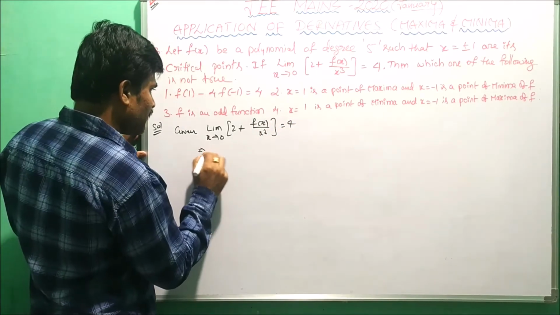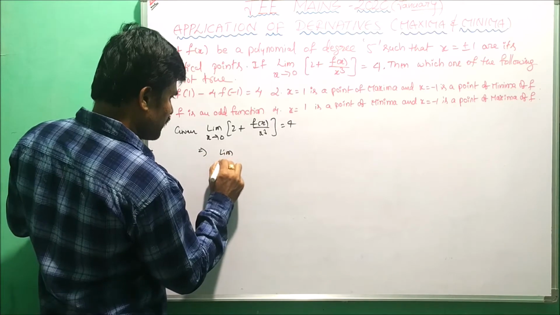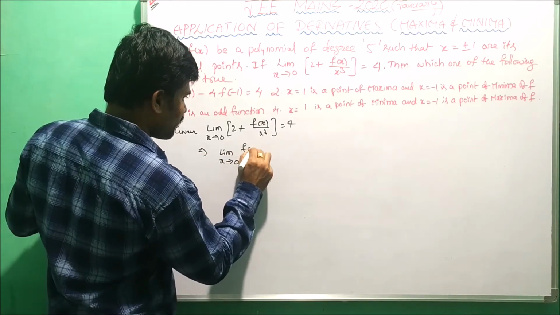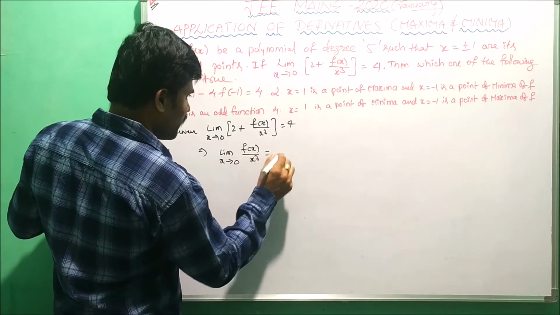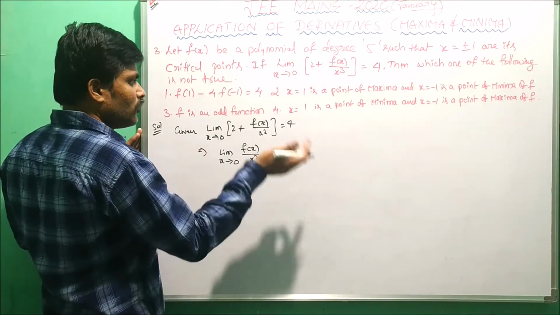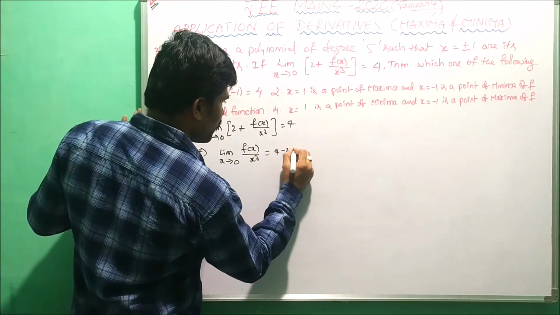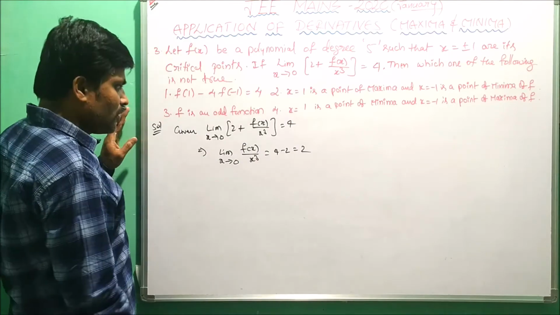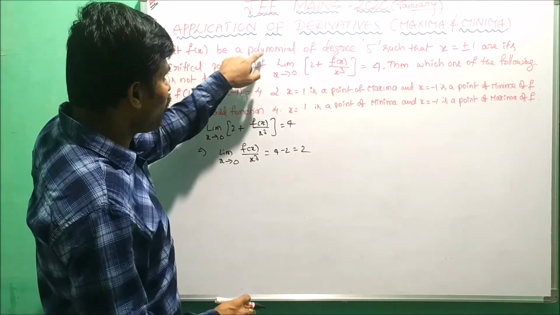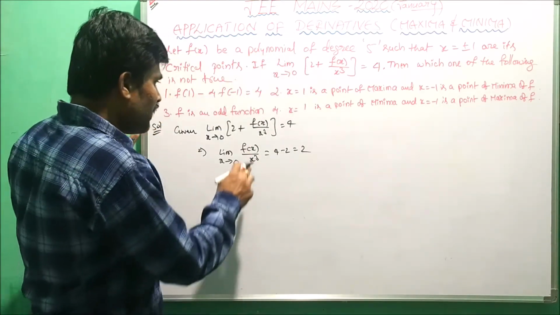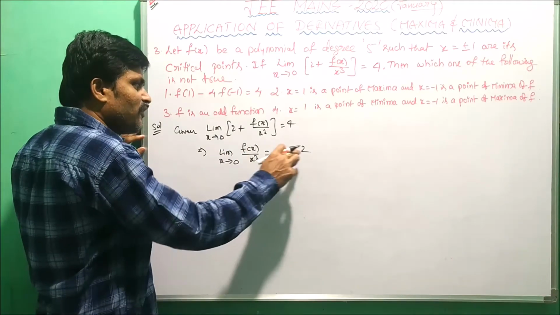Now we can simplify that. Limit x tends to 0 of f of x by x cube. Here we take the constant to the right side, that is 4 minus 2 equals 2. Now here we observe f of x is a polynomial of degree 5, and the limit is a finite value.